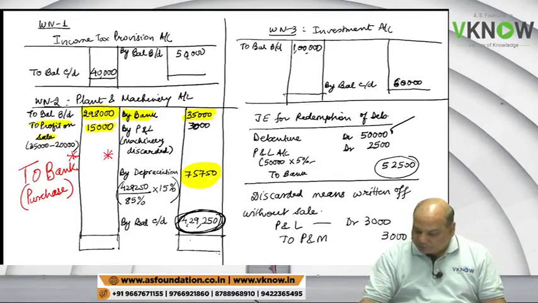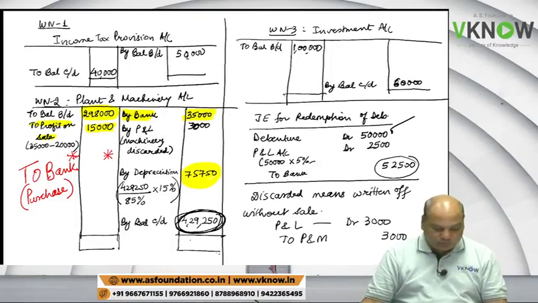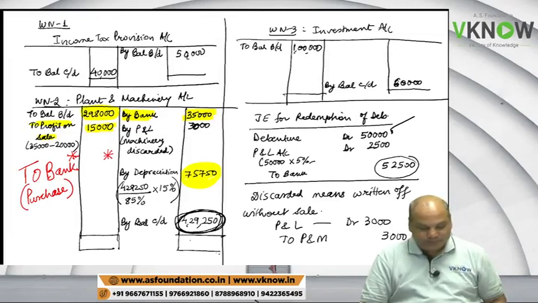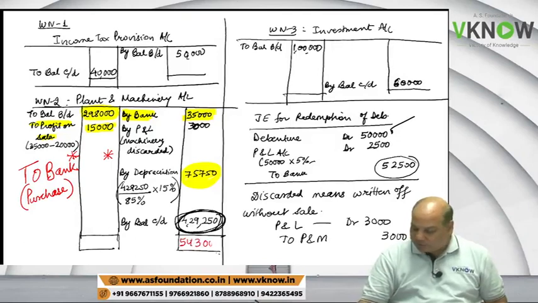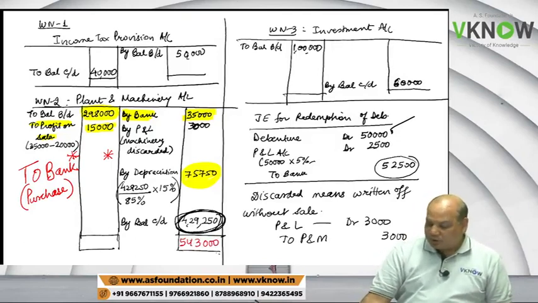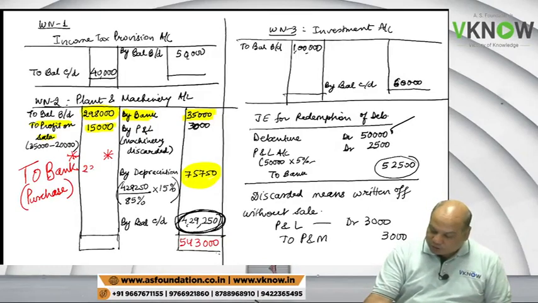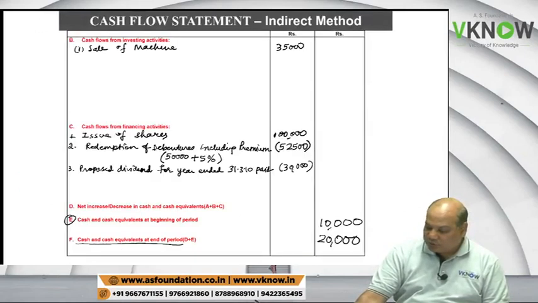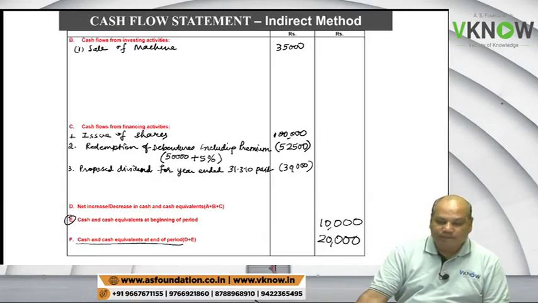Find out the balancing figure on debit side. Please try credit side total first minus debit side. So credit side total is 543,000 and minus debit side 2,98,000 and 15,000. So you are getting 2,30,000. Tanya is right.